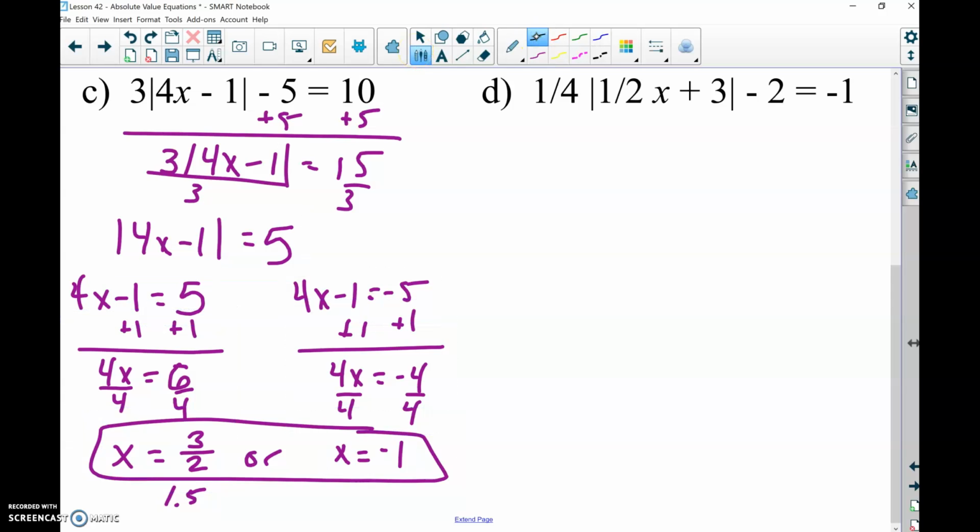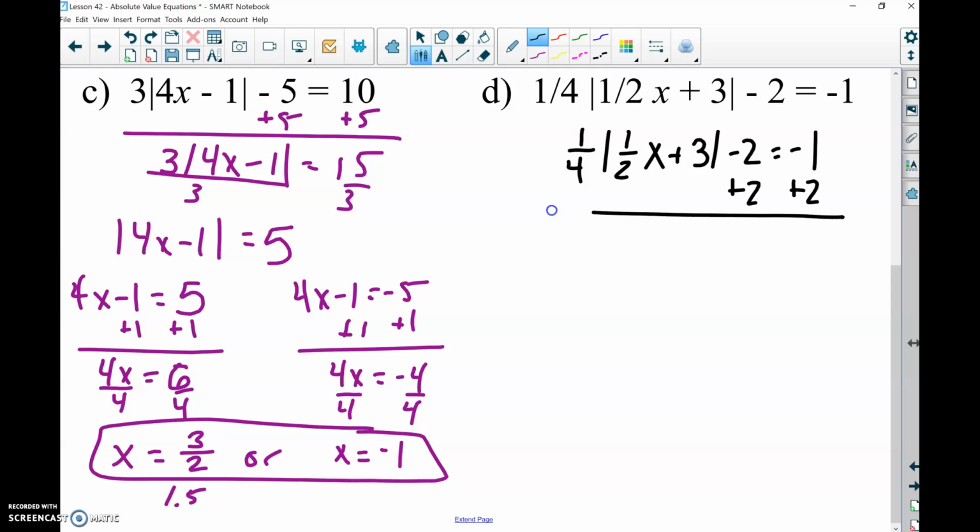All right, this last one I'm going to rewrite first. And now isolating the absolute value, add 2 to both sides. Always undo addition and subtraction before we undo multiplication or division.